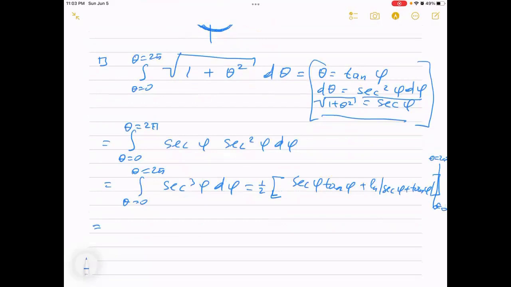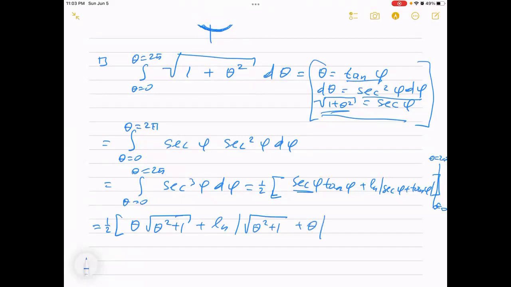So we'll do back substitution. Secant is the square root of 1 plus theta squared, and tangent phi is just theta. So we get 1/2 times theta square root of theta squared plus 1 plus the natural log of the square root of theta squared plus 1 plus theta, from theta equals 0 to theta equals 2 pi.